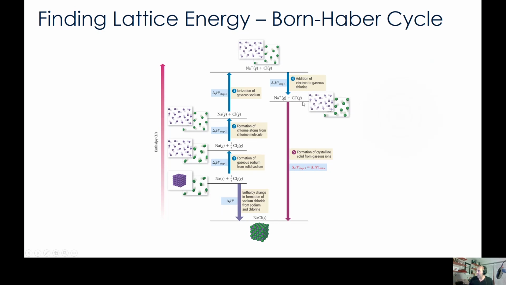Now, we want to know the lattice energy. Just from here to here, we can't figure out anything about the lattice energy. But we can imagine the process of going from the reactants to gas phase ions, and then from gas phase ions into the solid. And so we break it down into this process that we call the Born-Haber cycle.